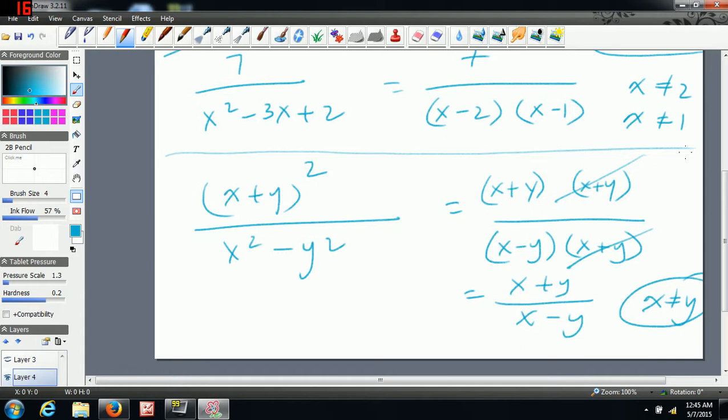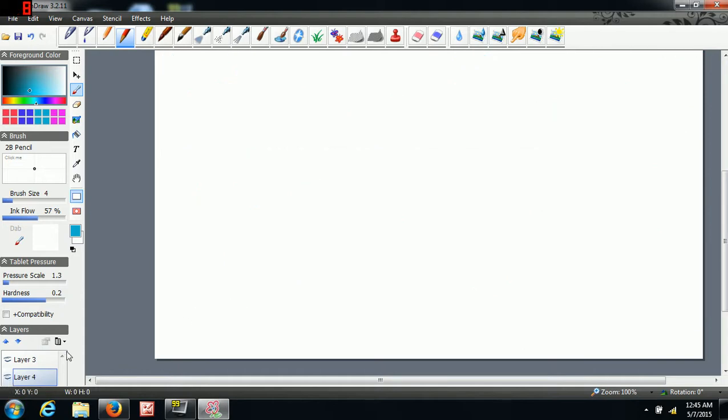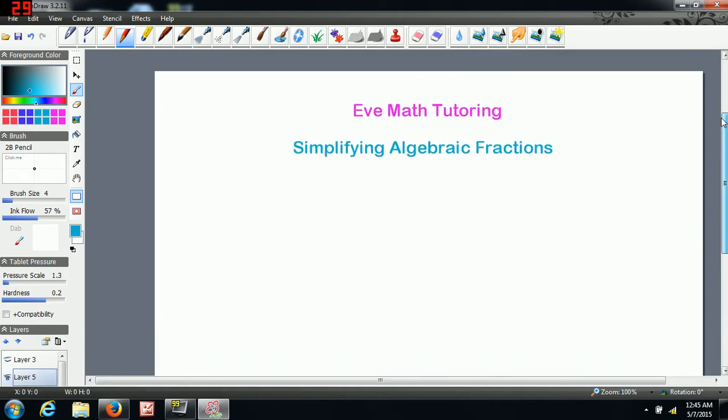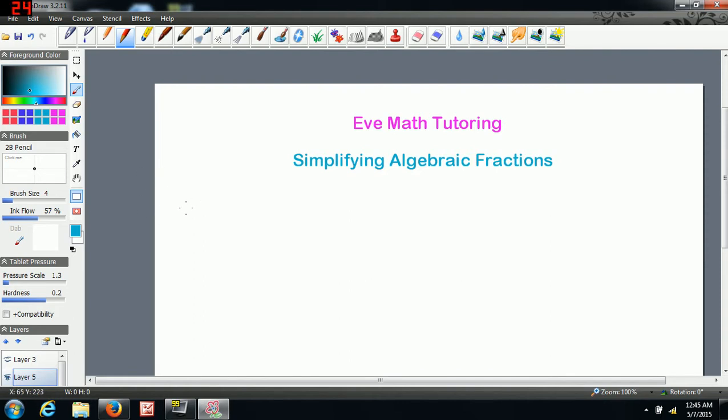Okay, so we can try a few others. So you're asked to simplify something like x squared minus 4 over x cubed minus 8. So this here is a difference of squares.